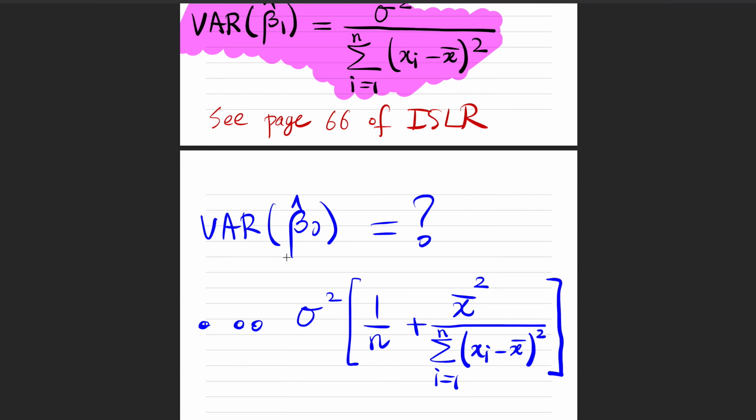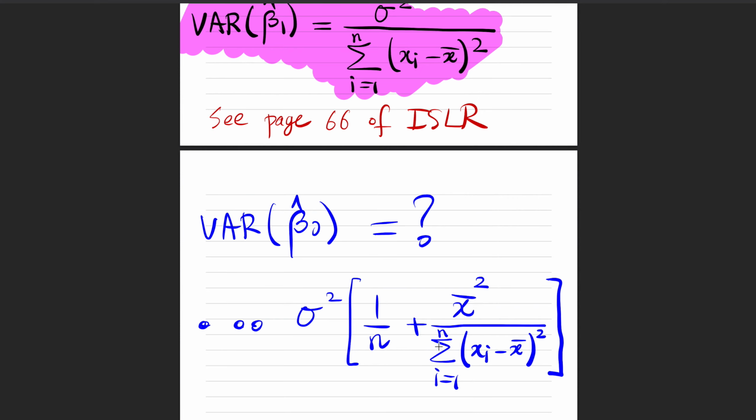At the same time, if you increase the sample size, you have more information, so this will become smaller. This quantity does not scale with n, it's an average, but this one is the sum of n terms, all of them positive, and the larger the sample size, the bigger this.